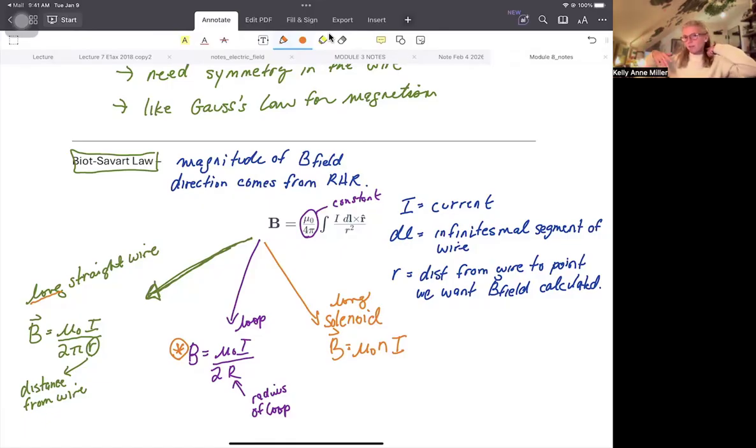So you're almost assuming that it's infinitely long. And n in this case is the number of turns of the solenoid. We'll talk more about this in the second video. And I is just the current.